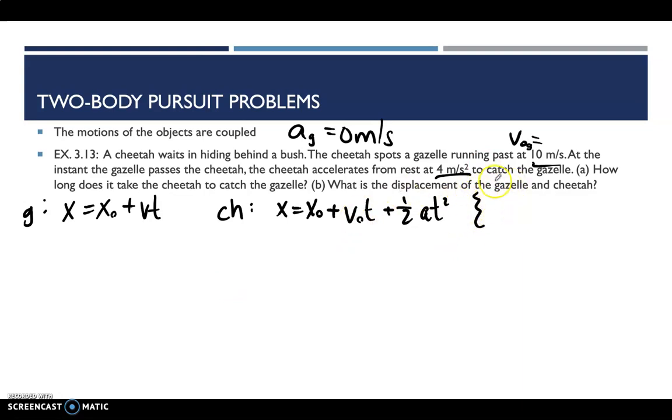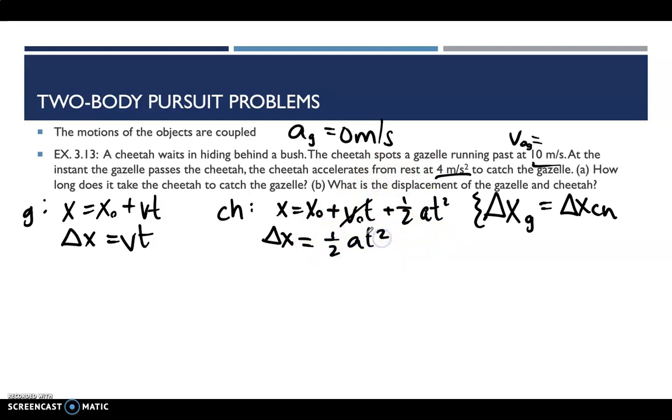Remember that when the cheetah catches up to the gazelle, delta x of the gazelle is going to be the same as delta x of the cheetah, assuming that where the cheetah was lying is the 0 position, the initial positions. So solving for delta x, for the gazelle it is going to be vt, and for the cheetah, since v naught is 0, it's just 1/2 at squared.